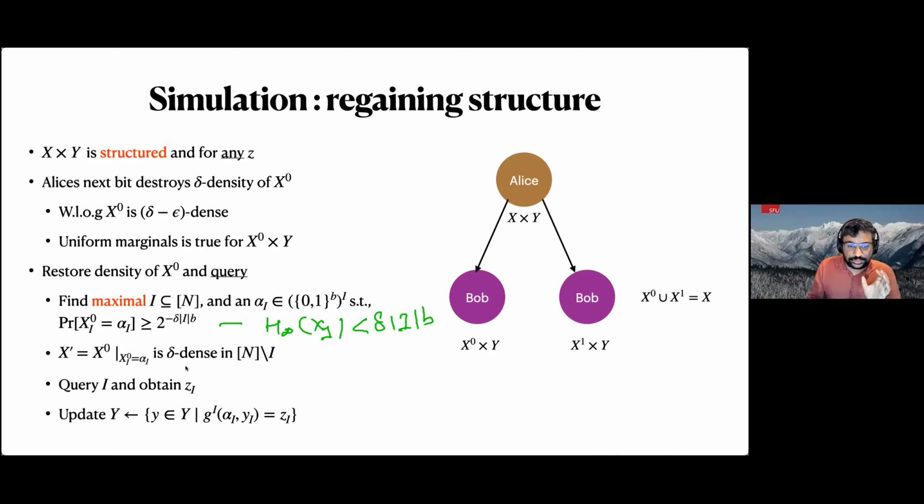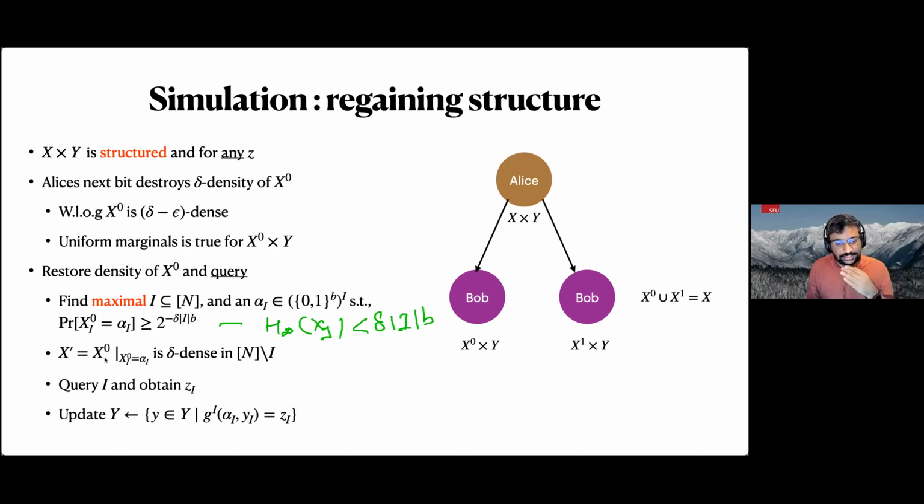So if min entropy is low, it means that there is some event which has very high probability, and this high probability is decided by delta. But if we don't just go for any I, and instead find a maximal such I, not the maximum, a maximal I, and we fix xi to be some alpha I which witnesses this min entropy loss, then we can say that the rest of x is delta dense.